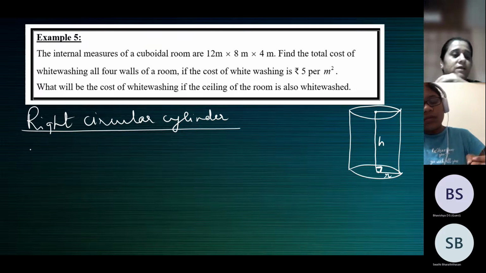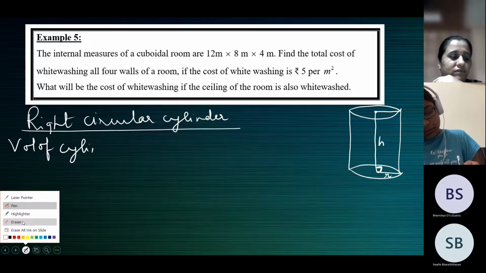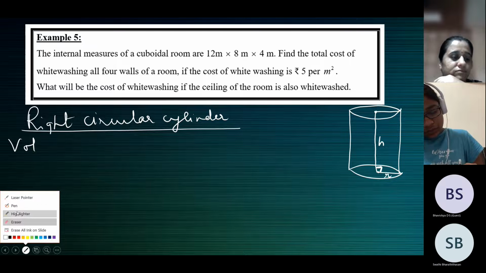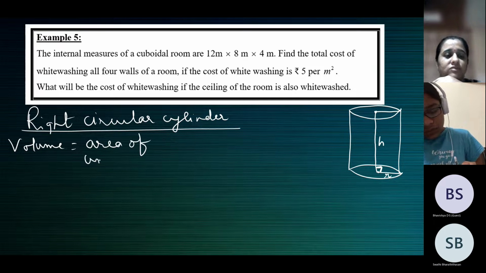Radius and height. Volume of cylinder, or simply volume, is equal to the area of uniform cross section, CS is cross section, children, into the height of the cylinder.